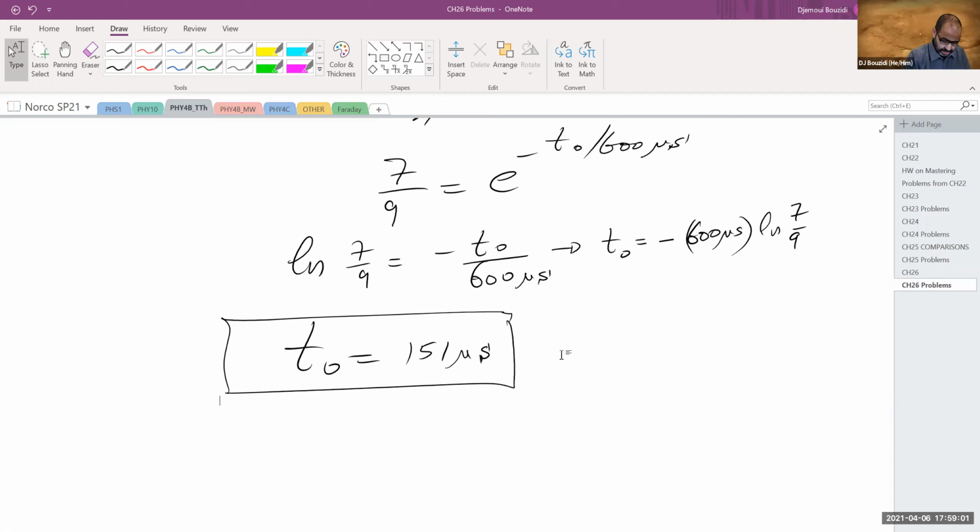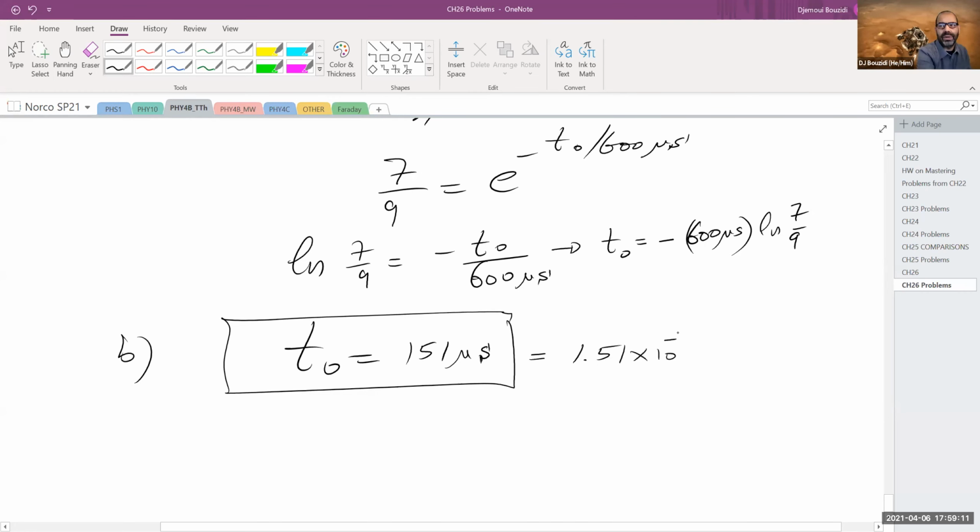So we answer the second part, part C now. This is part B, by the way. If you are curious to write it in terms of seconds, obviously this is 1.51 times 10 to the negative 4. Isn't it to the 6? Because microseconds, or are you taking into account that it's in the hundreds place?